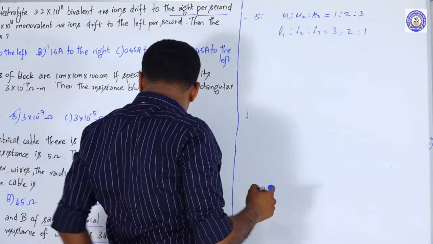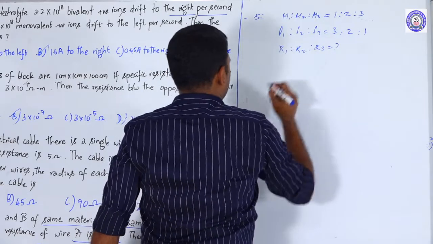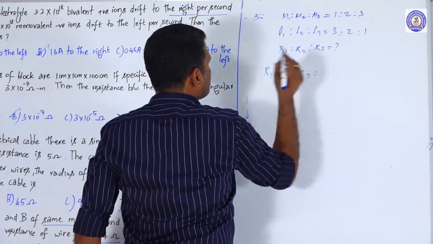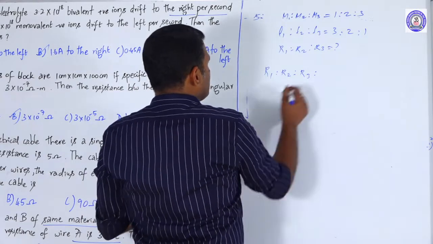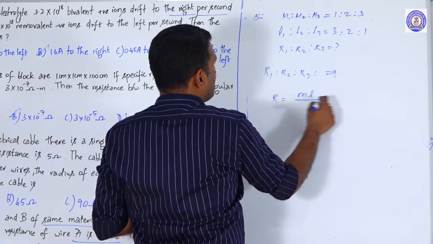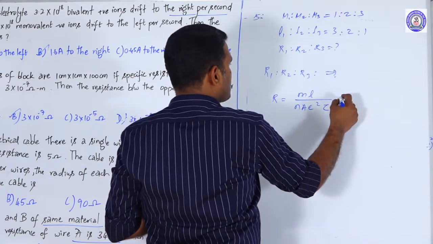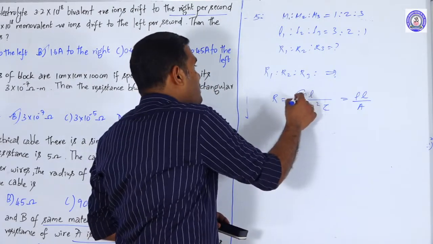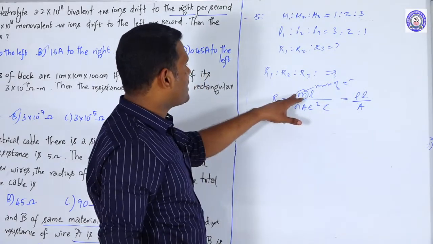Then they are asking you to calculate the ratio of resistances R1:R2:R3. Before that, when you write the expression for resistance, R equals ml divided by ne square tau A, where m by ne square tau is rho. This is rho L divided by A. This m is the mass of the electron, so you cannot substitute like this.